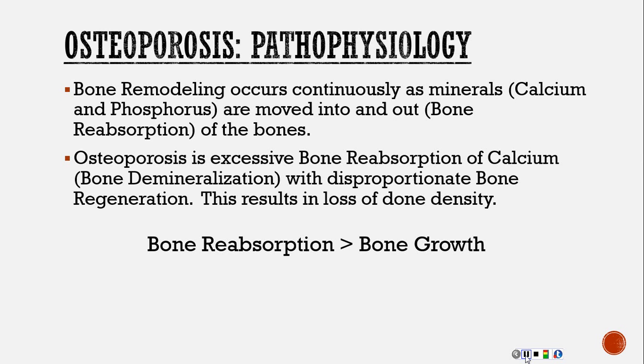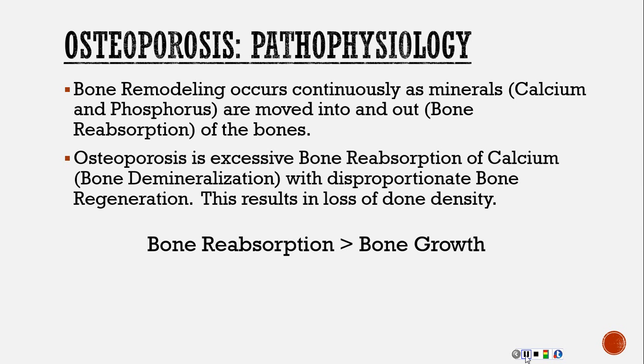This results in a loss in bone density. We pull out more calcium from the bone than we can put back in, and that's when you've got the changes that occur. So what's the big problem here? If we change bone density, what happens? It's not as strong. You're more likely to have fractures, the skeletal changes will occur, all that good stuff. Okay.